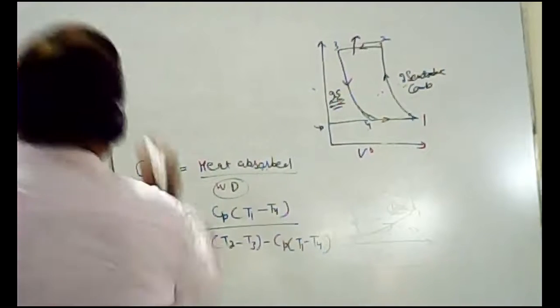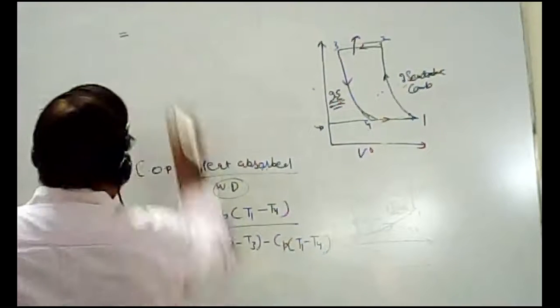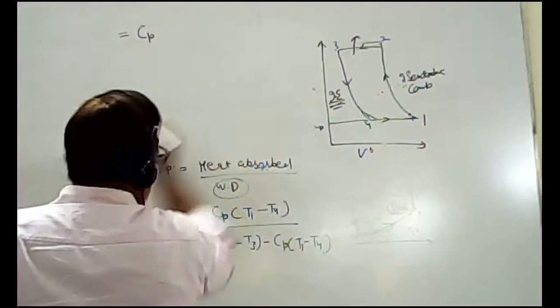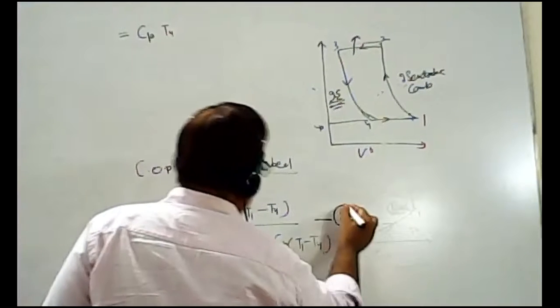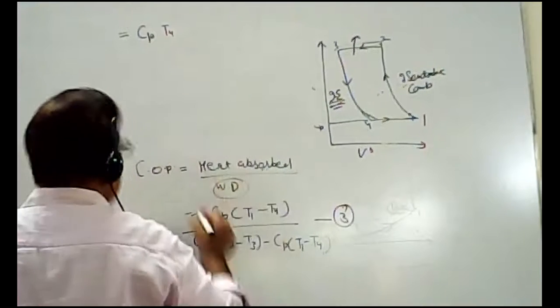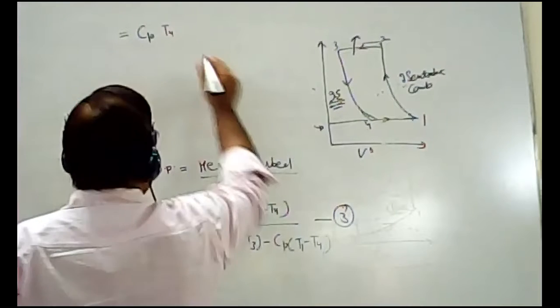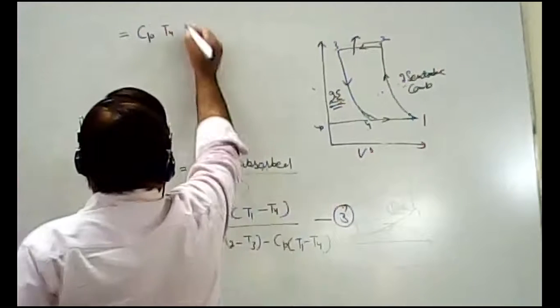Now look here. If I take out the value P4 from this equation number 3, then Cp T4 I have taken out.